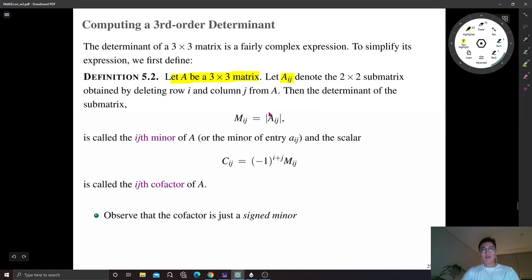So with that, because we know how to compute the determinant of a 2 by 2, the ijth minor, denoted by m sub ij, is simply the determinant of that 2 by 2 sub-matrix. So we know how to compute the minor.